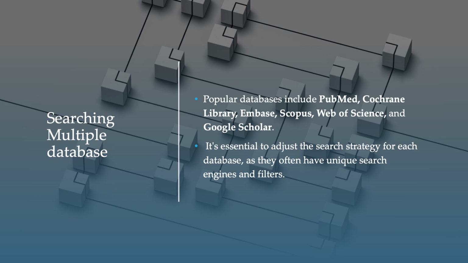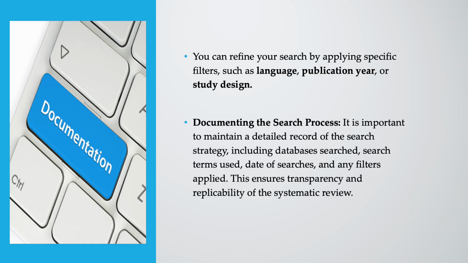Searching multiple databases is very important, not just one database. Why? Because some articles are published in another database. We mostly use PubMed, Cochrane Library, Embase, Scopus, Web of Science, and Google Scholar. The language: you can refine your search by applying a specific filter.